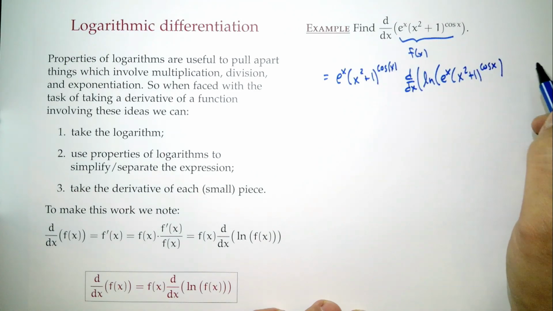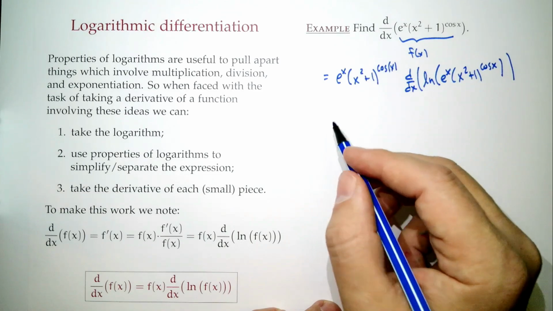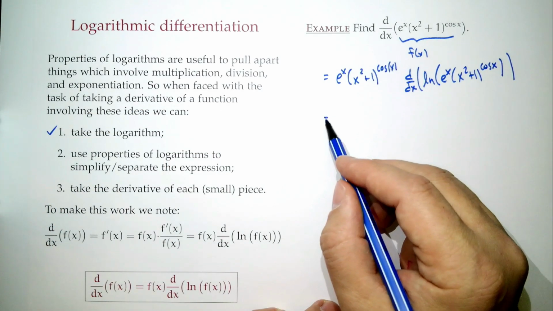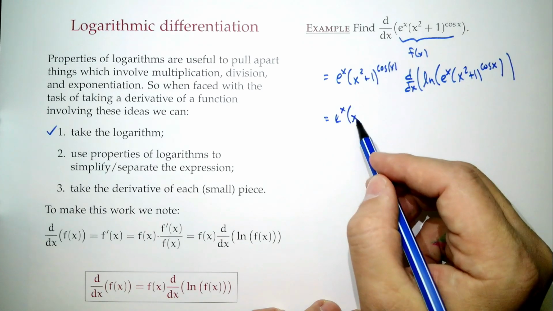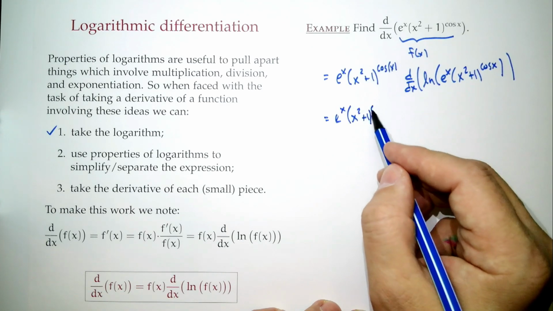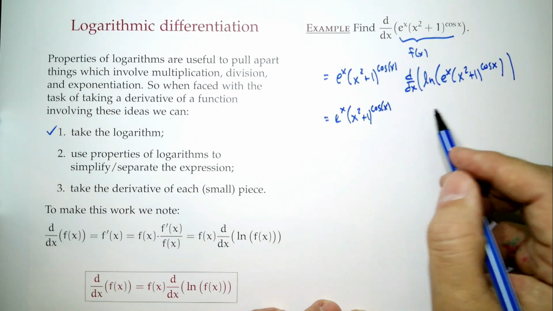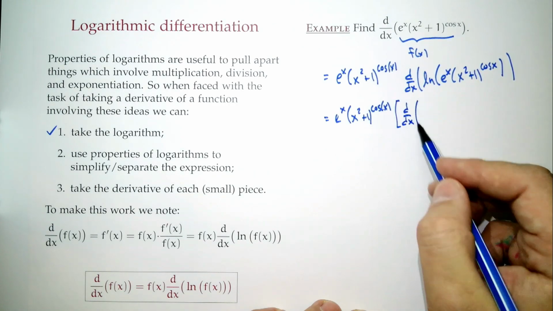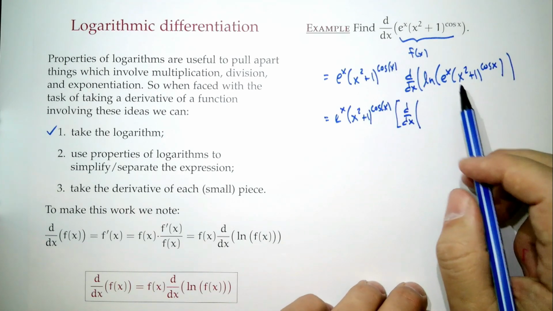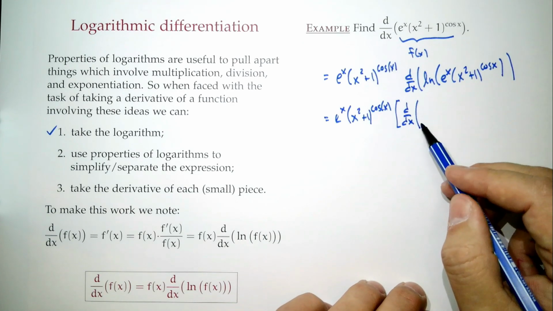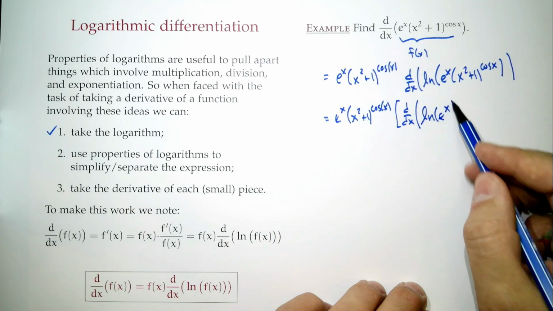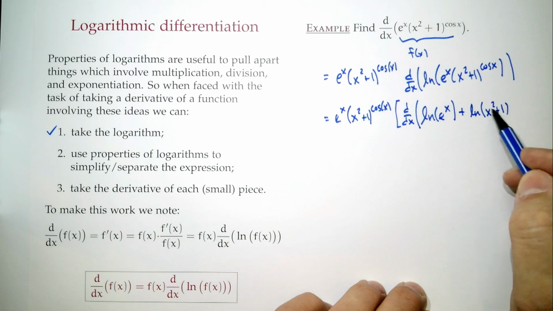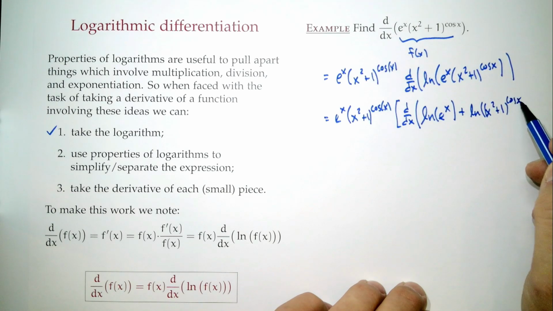Now what we do is we say, okay, we're going to use our natural log power. So we took part one, where there's a logarithm involved. This e to the x times x squared plus 1 to the cosine x in front, that's just going to follow us all the way through. So the derivative of, here we go, natural log of e to the x plus natural log of x squared plus 1 to the cosine of x.